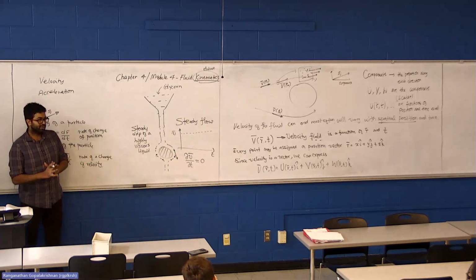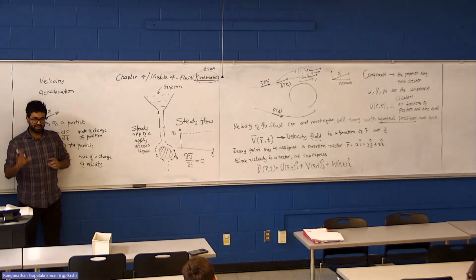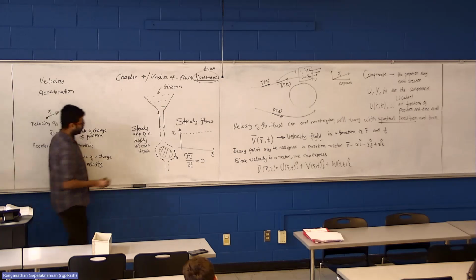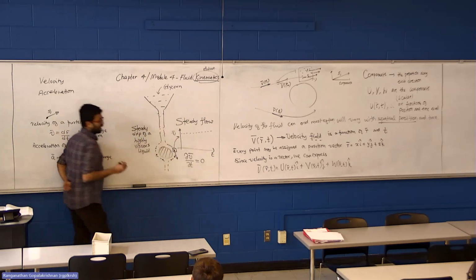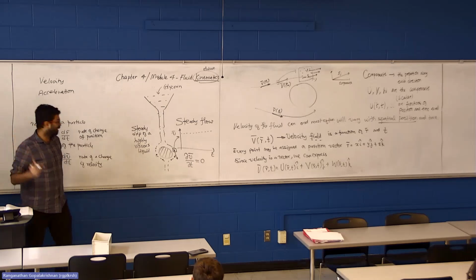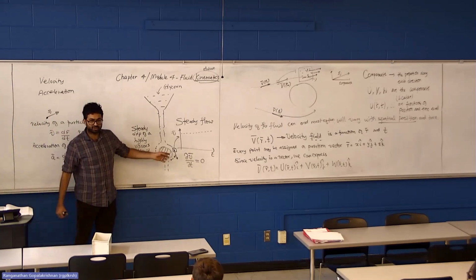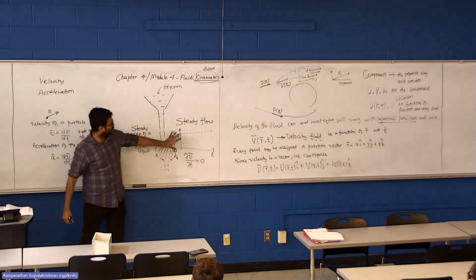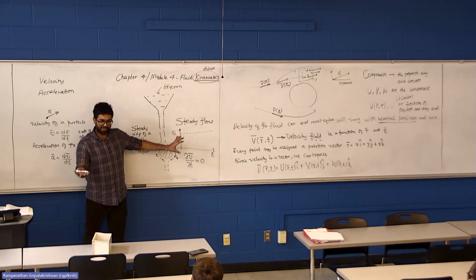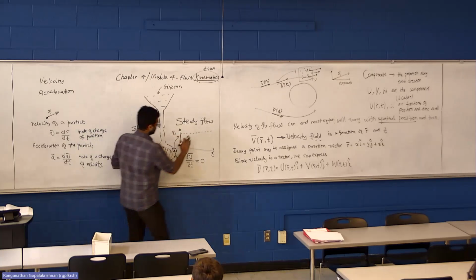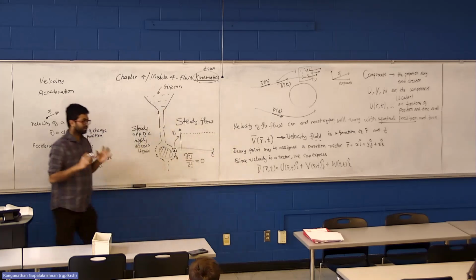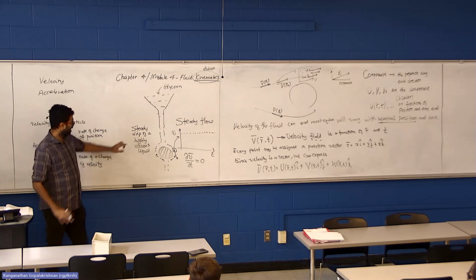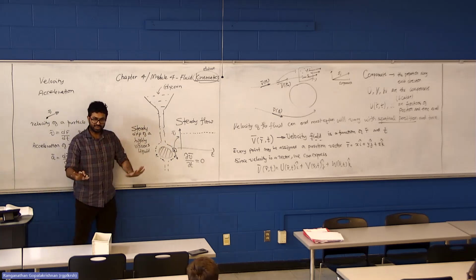Are you with me so far? I'm creating a steady flow. I'm asking you to pay attention to what happens at this single point. It could also be done by sticking some kind of a velocity probe in there and reading out what the probe will be outputting. And that flow is so steady that, contrary to my diagram, it's a steady constant velocity. At this point, velocity is not changing.